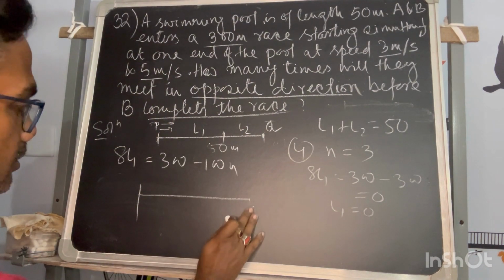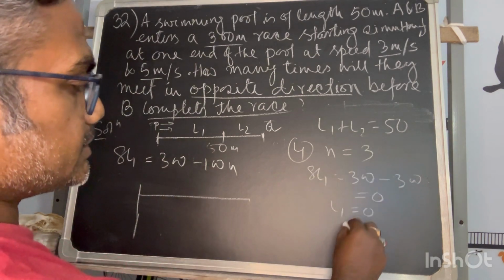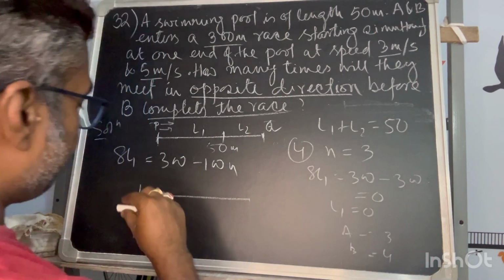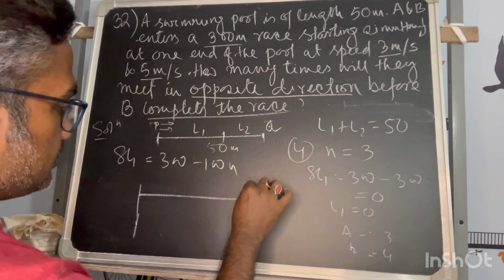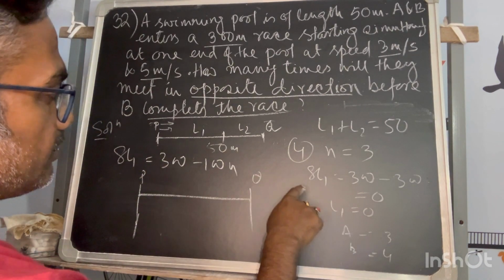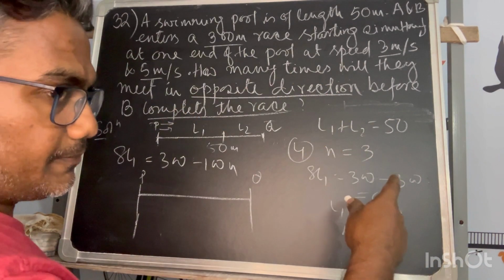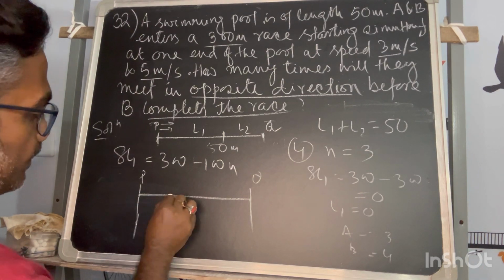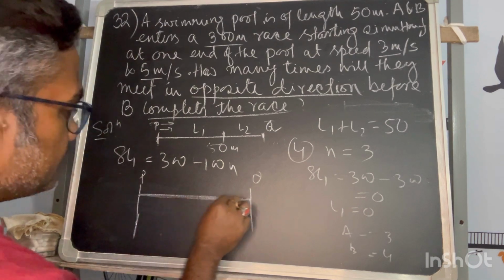Now I will see it. N is equal to 3 means A has completed 3 laps, B has completed 4 laps. So they have started from here. These are the terminals P and Q, and L1 is the fraction that will be moved after the complete travel. So A is moving 1 lap, 2 lap, 3 lap.